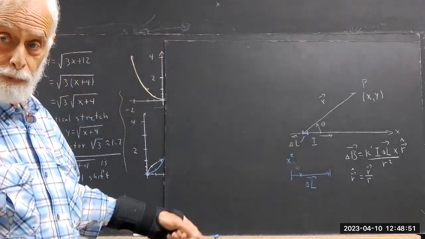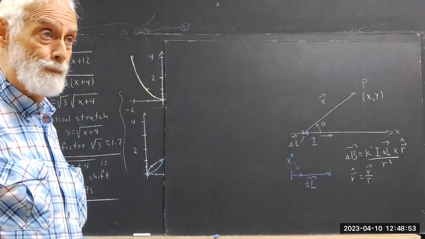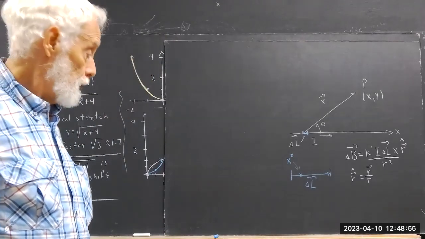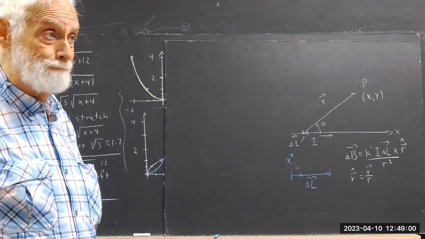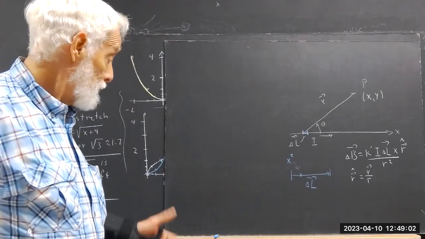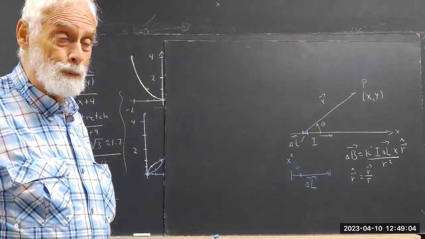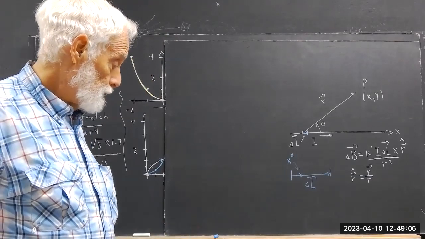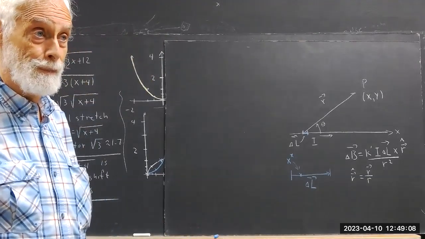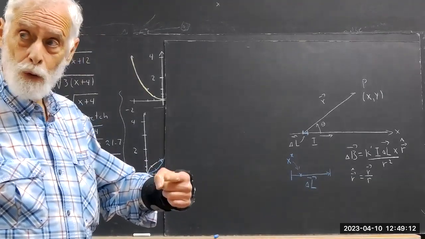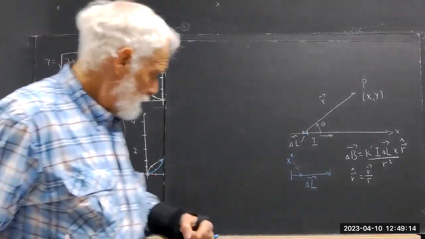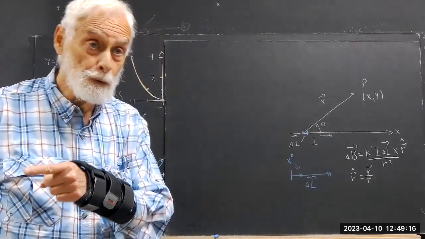Everybody see that little piece of blue chalk there? And you point in the direction that blue chalk is. What's the direction of that piece of blue chalk? Can you see it? Probably toward the back. It's kind of aimed at the back corner of the room.